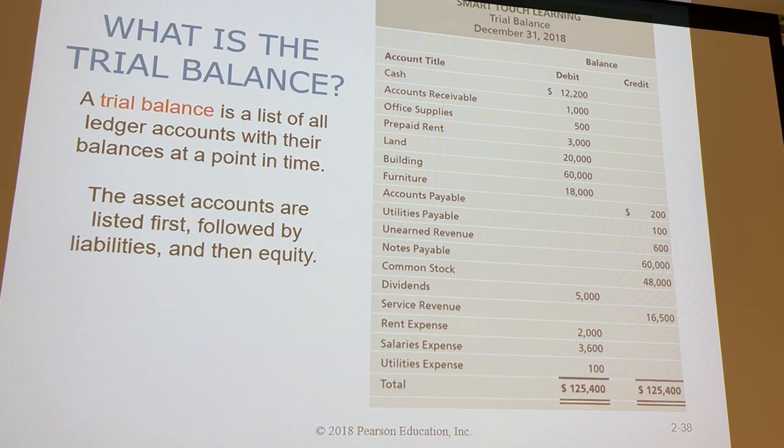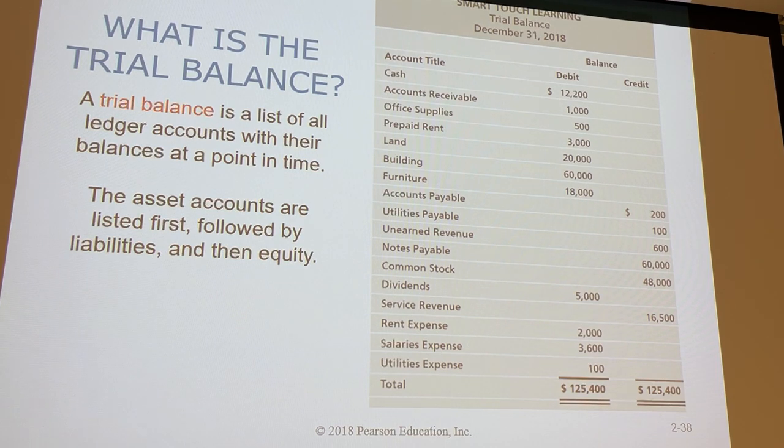Furthermore, there's nothing in GAAP accounting that says that you have to use a trial balance. But in most companies, they do use trial balances just to make sure that their work is accurate and to be able to find any errors that there might be in the accounting process.